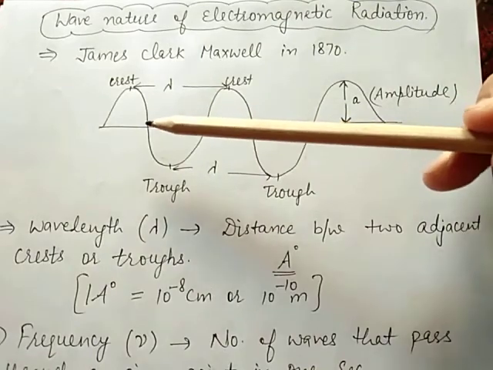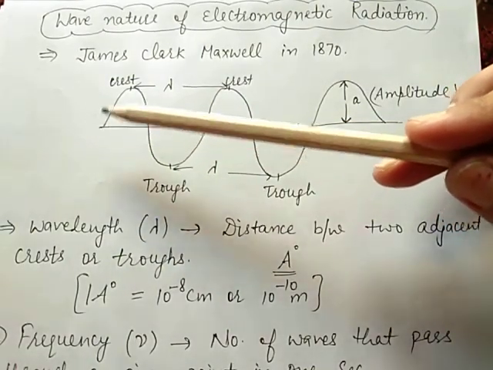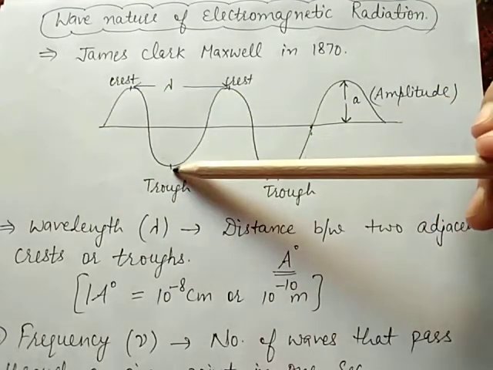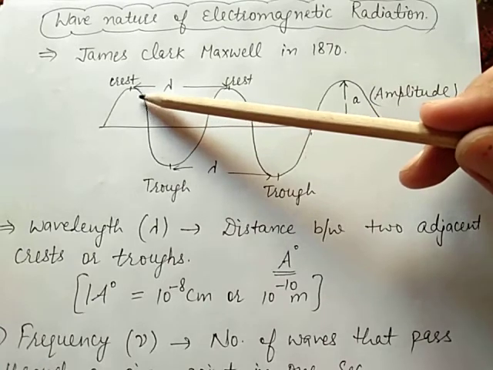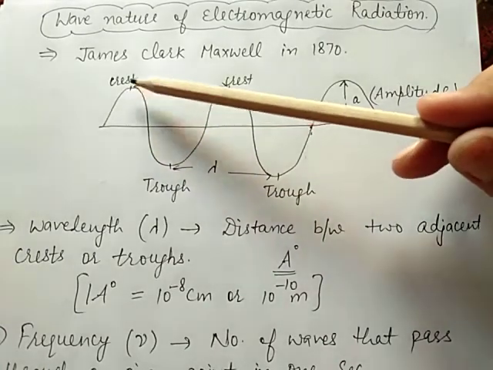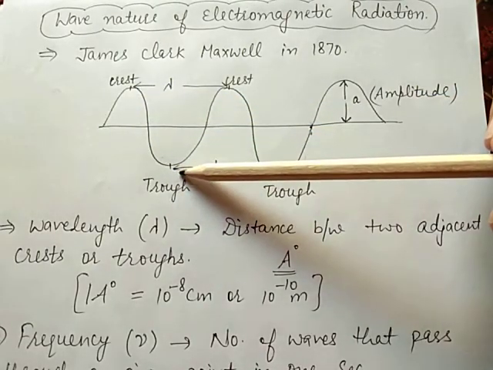These waves originate from the center of disturbance and propagate in the form of up and down movement. The point of maximum upward displacement is called the crest, and the point of maximum downward displacement is called the trough.